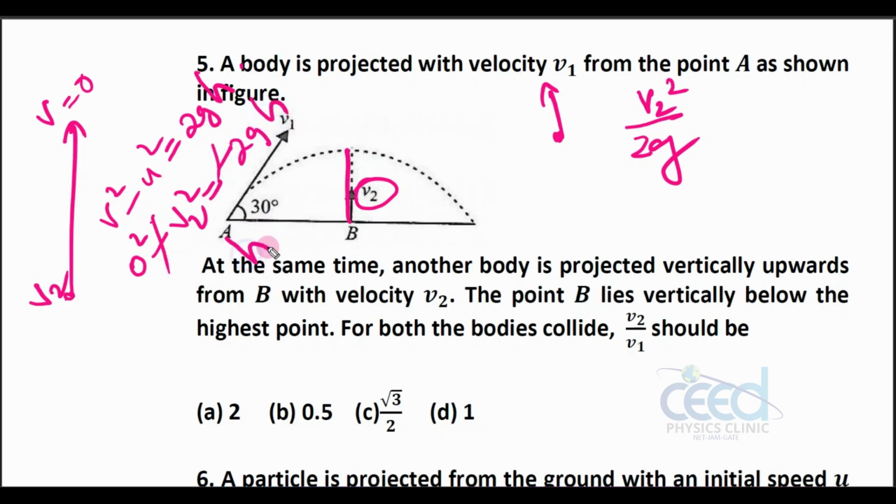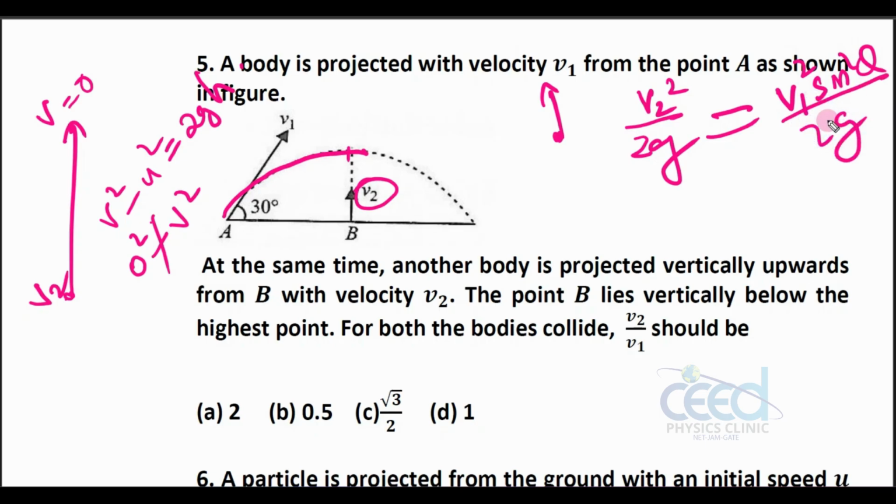Minus cancels, then h is equal to v2 square by 2g. So v2 square by 2g should be equal to the maximum height attained by the projectile, what we studied, that is v1 square sine square theta by 2g.